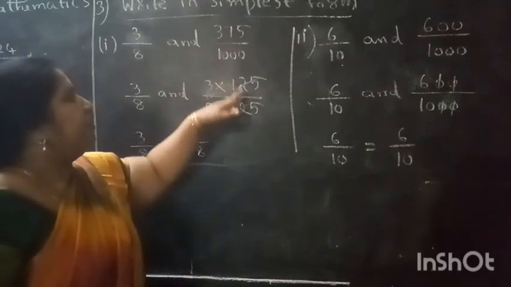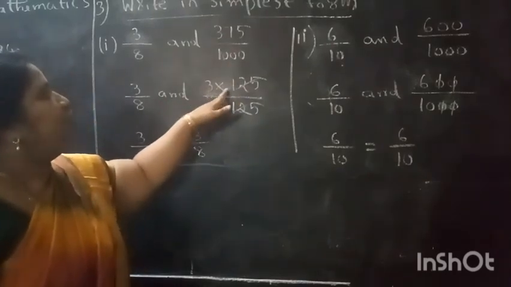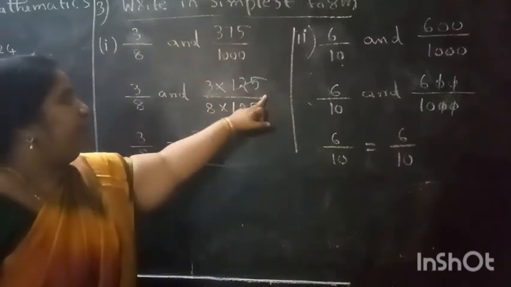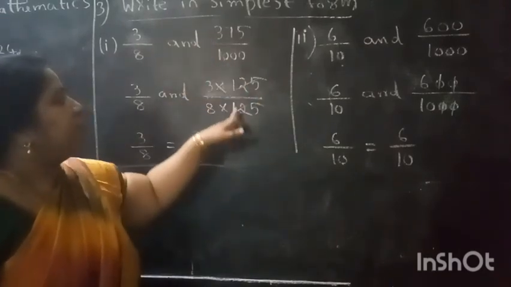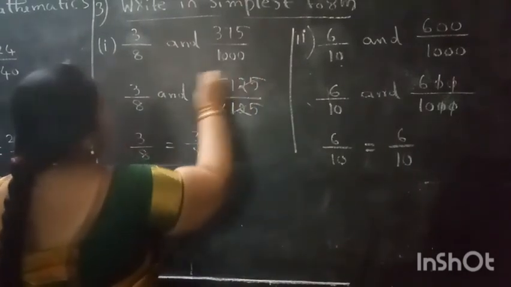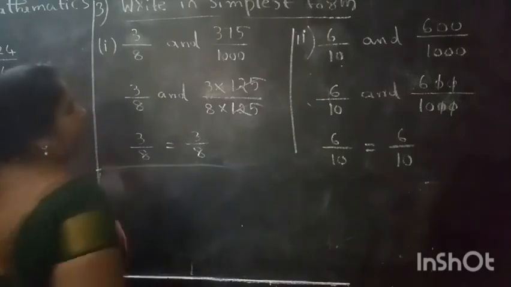This 375 can be written as 3 into 125. Why? 3 goes into 375 125 times. 8 goes into 1000 125 times. Here 125 and 125 are cancelled. 3 by 8 equals 3 by 8.